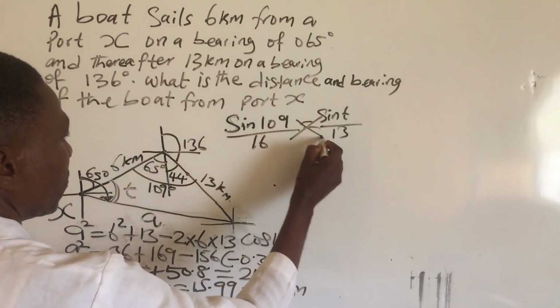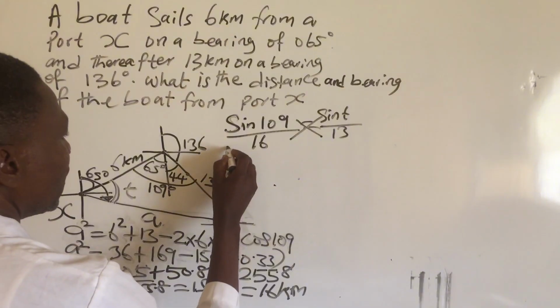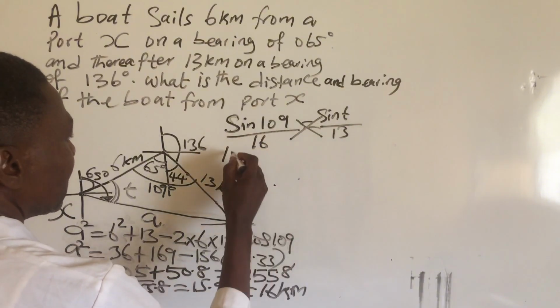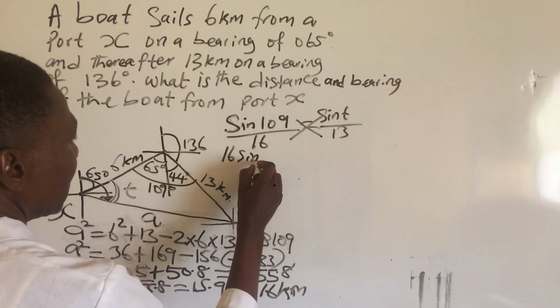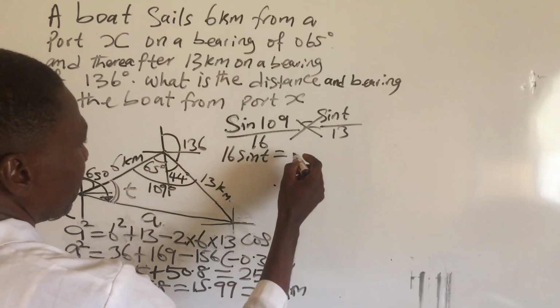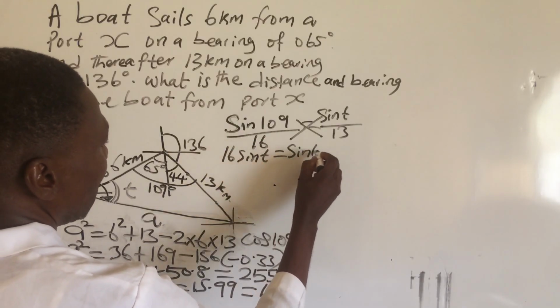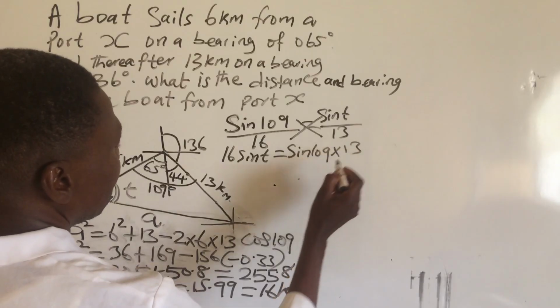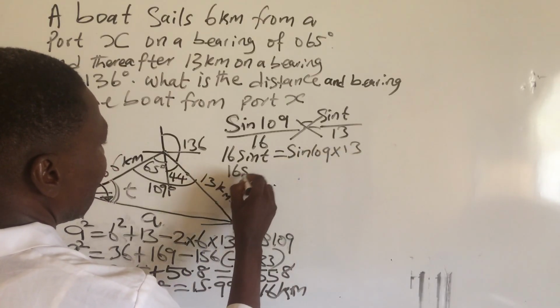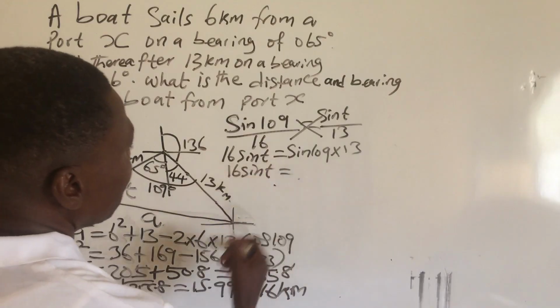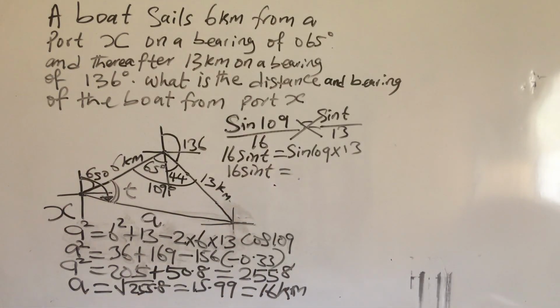When we cross multiply, we have 16 sine t equals sine 109 times 13.